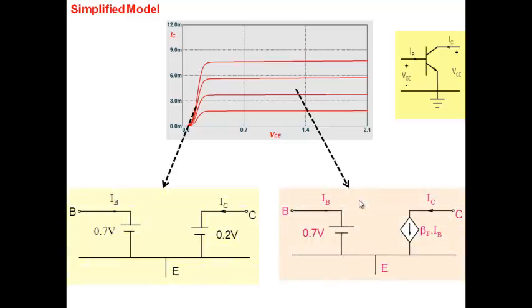All right. So that's a sort of summary of the common emitter model of a transistor in common emitter mode. So in forward active, again 0.7, but between collector and emitter, we have beta times IB. And in saturation, we have 0.2. Okay, so these two situations.